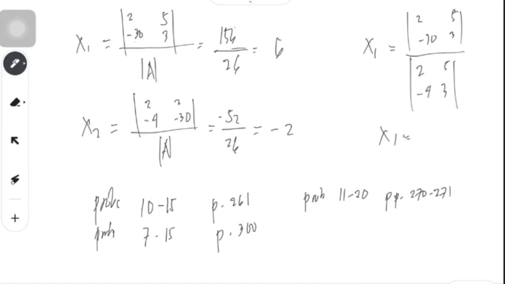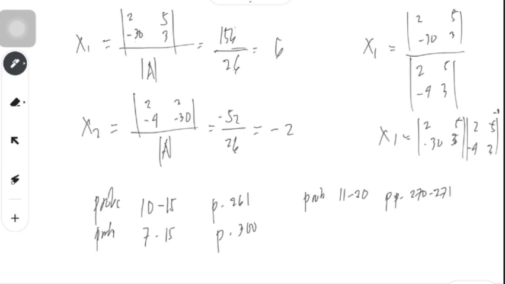Magiging x1 equal to 2. I'm speaking of a higher order, no? In general. 2, negative 30, 5, and 3. Then, you have 2, 5, negative 4, and 3 to the negative 1. Kukunin mo yung inverse. Then, you have the value of x1. Any questions so far?